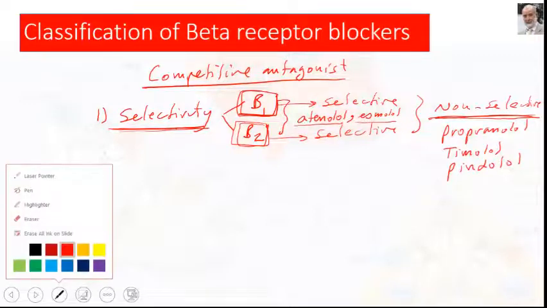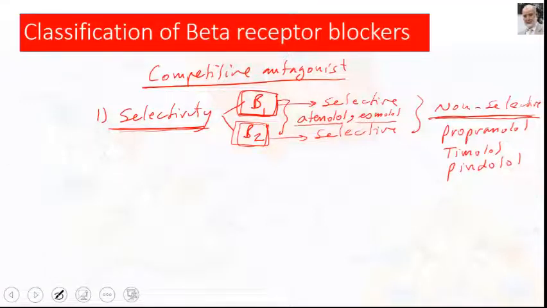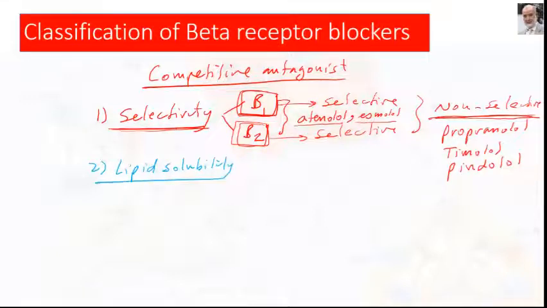The second most important difference between beta blockers is their lipid solubility. As we have discussed before many times, lipid solubility determines the entry of the drug to the central nervous system.